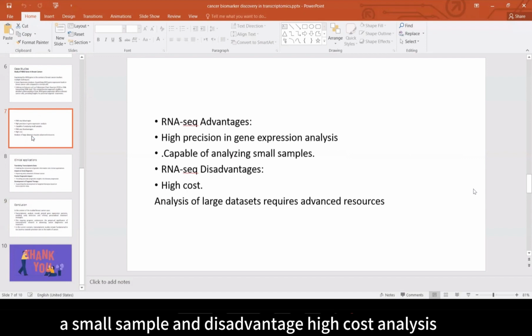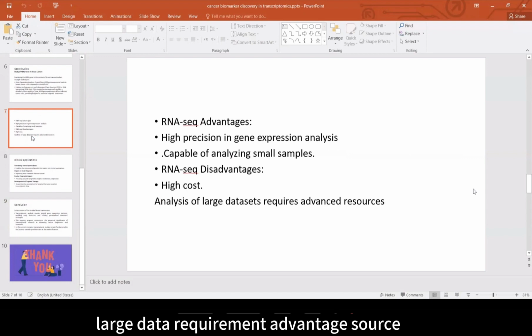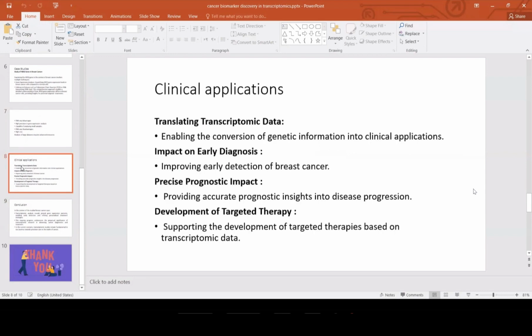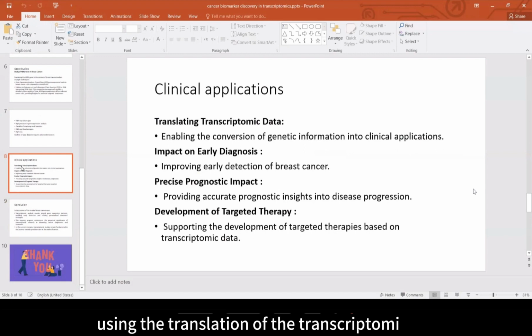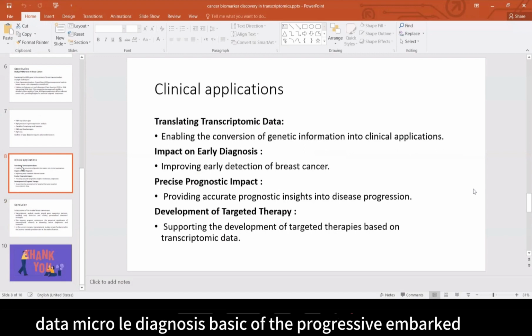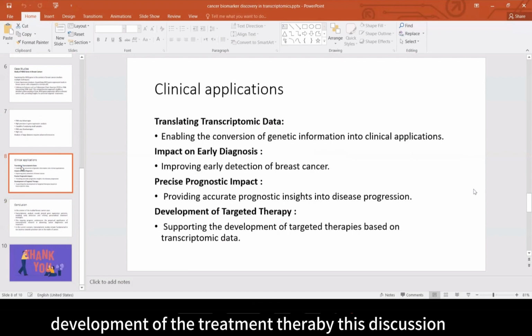Disadvantage: high cost and large data analysis requirements. Application of transcriptomics: translation of transcriptomic data into early diagnosis, based on progressive impact, and development of treatment therapy.